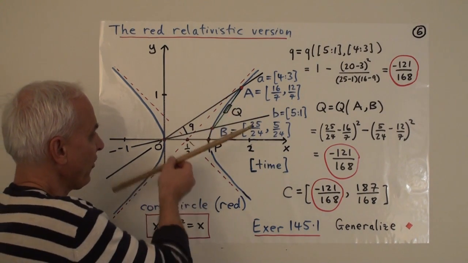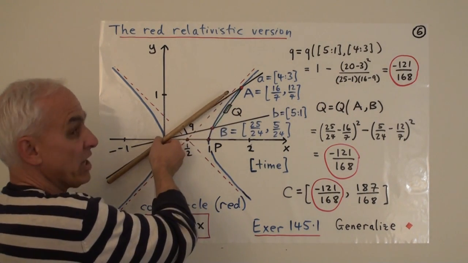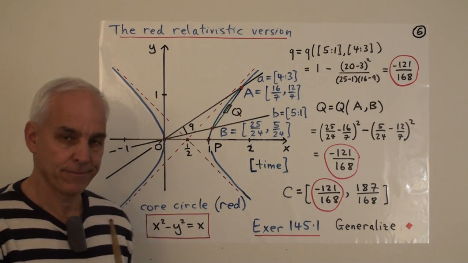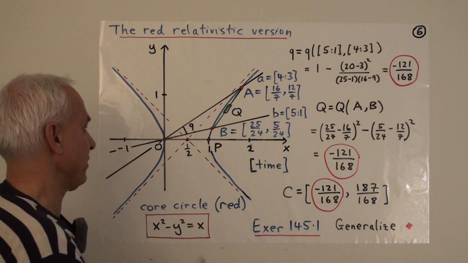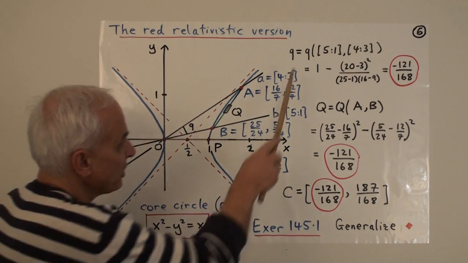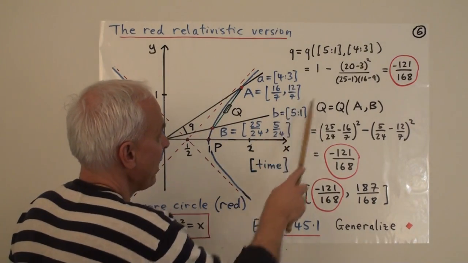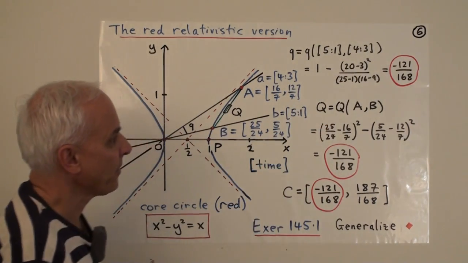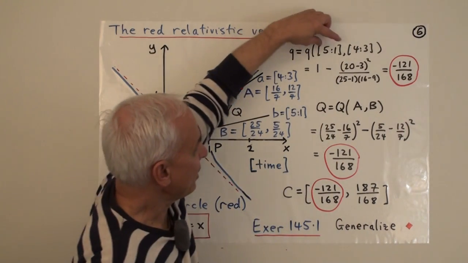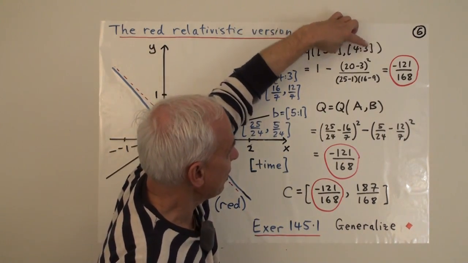First of all, the quadrants between these two lines, projective quadrants between this line little a and this line little b, or the spread, if you like, but in this red setting. So it's the projective quadrants between 5, 1 and 4, 3, and that's 1 minus. Basic formula is to take the dot product between these two things.